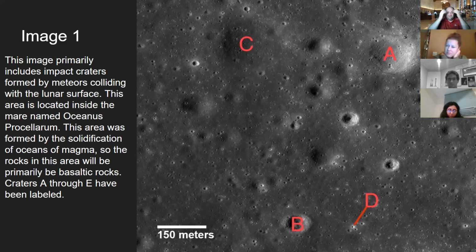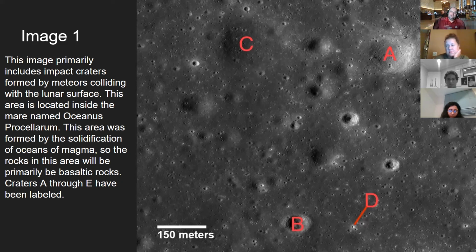For example, if you took this image and you took another image of the moon that had the exact same square area, you count all the craters that you see in each image, and you record the sizes of all the craters, and you compare the two.